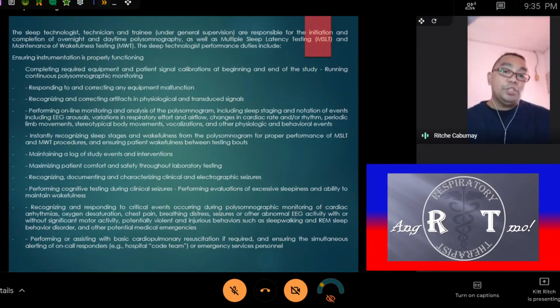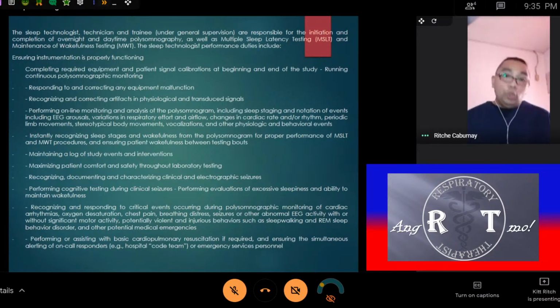Daytime polysomnography depends on whether the patient is a night shift worker. You can't perform an overnight polysomnography on night shifters because they are usually awake at night and asleep during the morning. So that's why you're also going to do the daytime polysomnography.